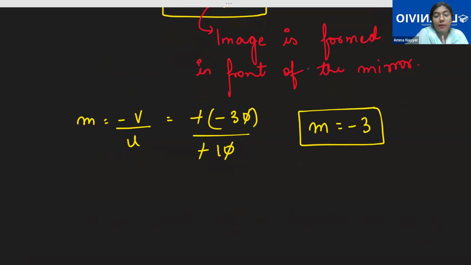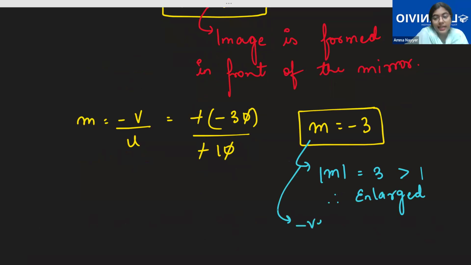You see the magnitude. Magnitude of magnification is 3, which is greater than 1. Therefore, the image is enlarged, and we could predict that from the ray diagram also. Second, the negative sign just tells you the fact that the image is real and inverted.